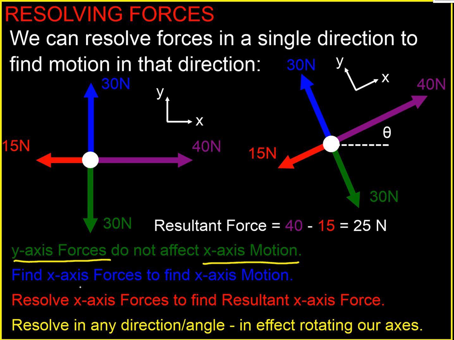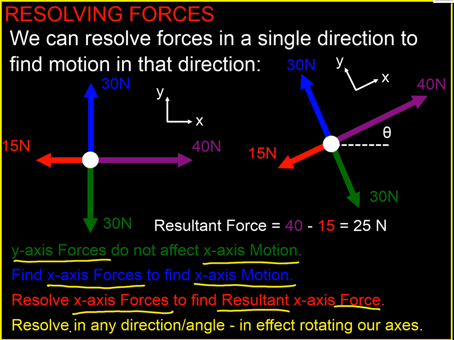If we find the forces going in the x direction, the x-axis, they're going to affect the motion in the x-axis. So therefore we resolve all our forces in the x-axis to find our resultant force in the x-axis, or in any axis that we choose, and then we can use that to find our acceleration.